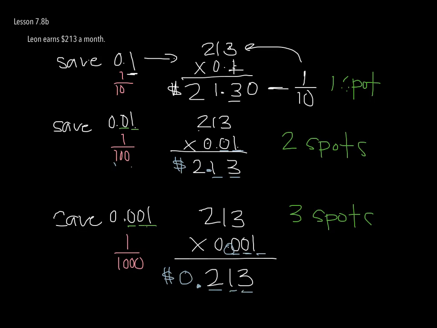In this case, when we're multiplying by a decimal, we shifted the decimal point this way. 2 spots would go 1, 2, 3 spots would go 1, 2, 3, and 1 spot would just be 1 spot like that. So it's kind of the opposite of when we multiplied by 10. When we multiply by 10, our decimal point went to the right. When we multiply by decimals, our decimal point goes to the left because our number is getting smaller.